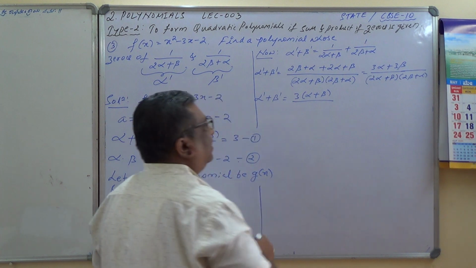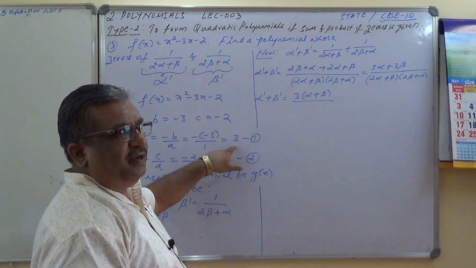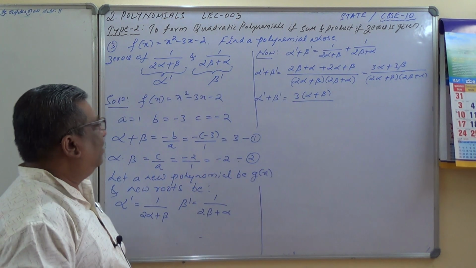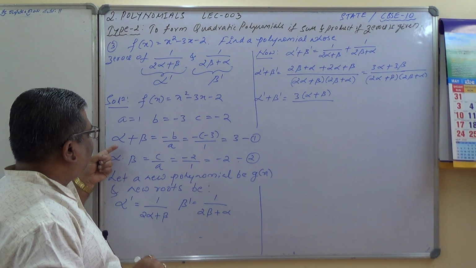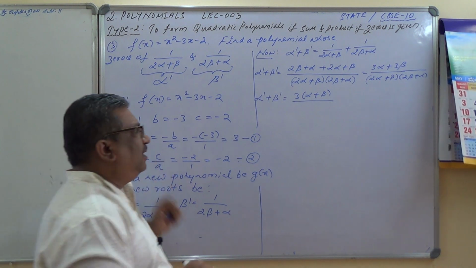Good. Numerator at least I got in terms of alpha plus beta, the value of which is known to be 3 here. Now the denominator also I should express in such a way that I must be able to get the denominator expression in the form of alpha plus beta and alpha into beta, then only it's possible.